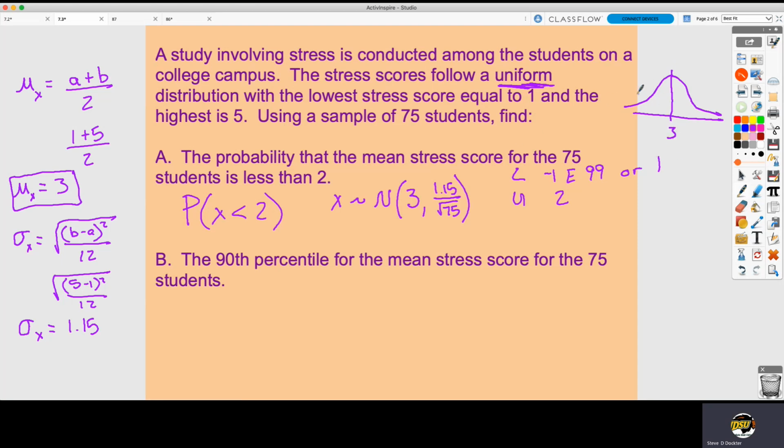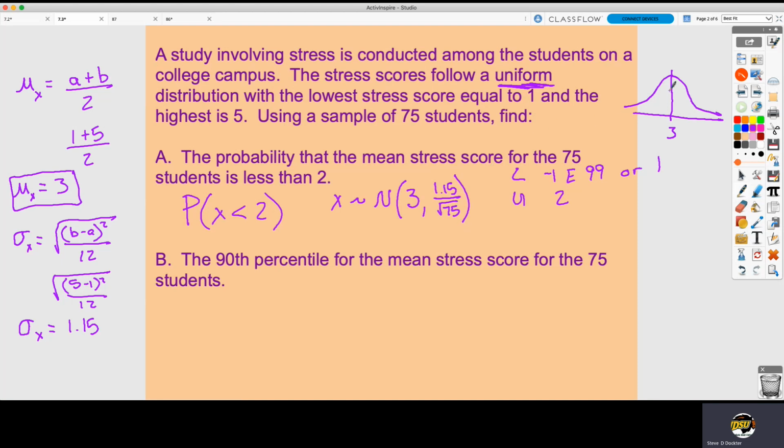We want to find less than 2, right? How much is our standard deviation? What does this number work out to be? 1.15 divided by the square root of 75. A little bit more precise than small. What is it?